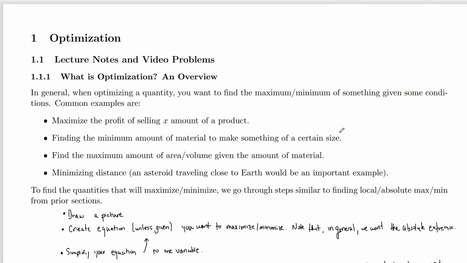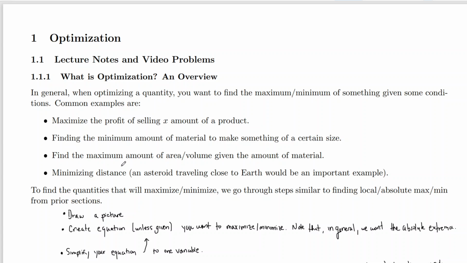Maybe you live out in the country, you have a big property, and you want to fence in, let's say, 1,000 square feet. But you have some terrain that's hard to deal with, and you can't build a fence in certain places. So you want to figure out how to use the smallest amount of fence, the minimum amount of wood, to fence that area in.